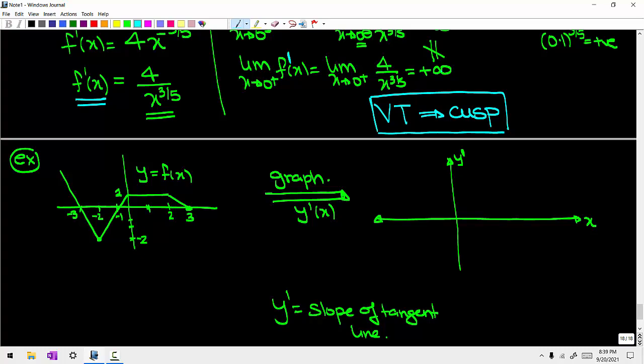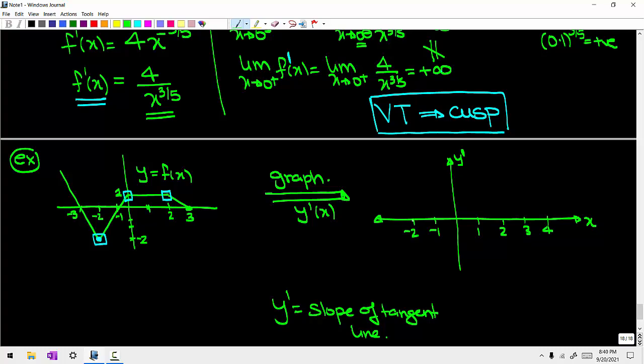One of the things we just learned a minute ago is when we have a sharp corner, the function is not differentiable. Do you guys remember that? Okay, so I have 3 points where the function is not differentiable. When x is negative 2. So let's plot those points here. We have negative 1, negative 2, we have 1, 2, 3, 4. When x is negative 2, it's not differentiable.